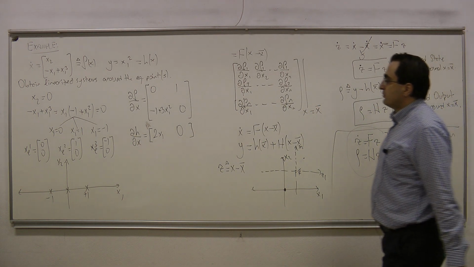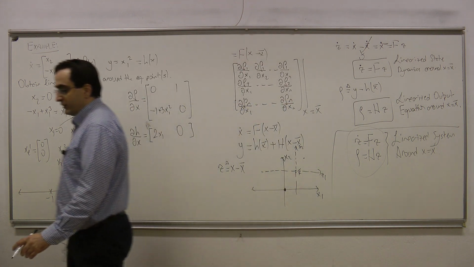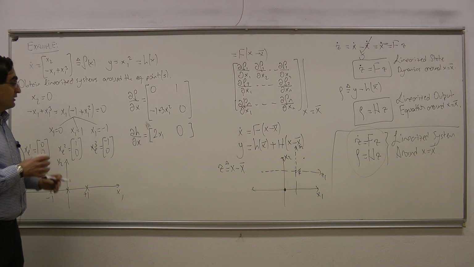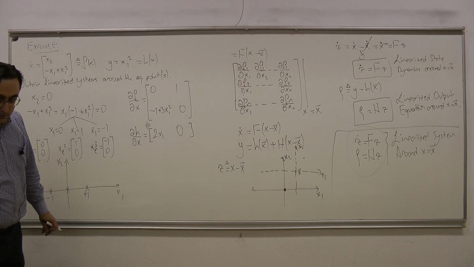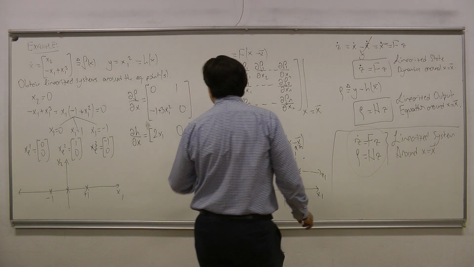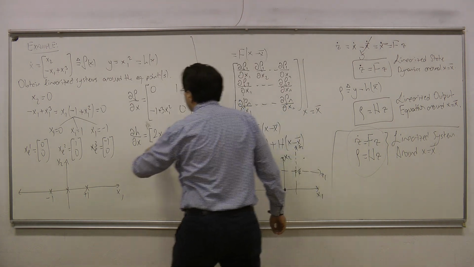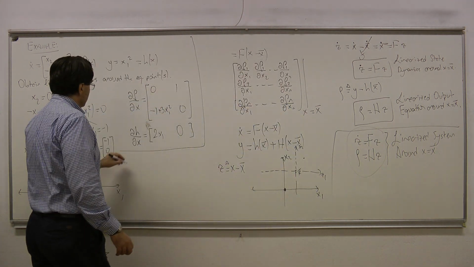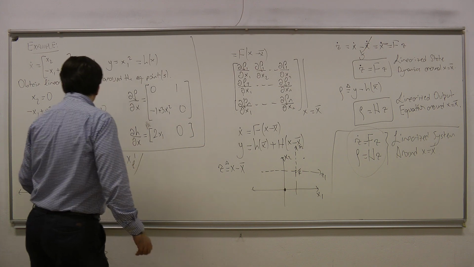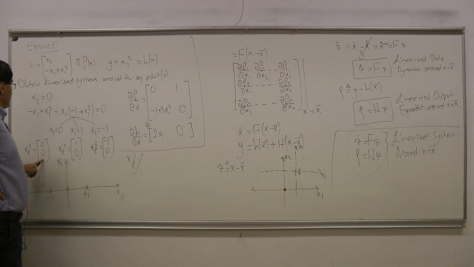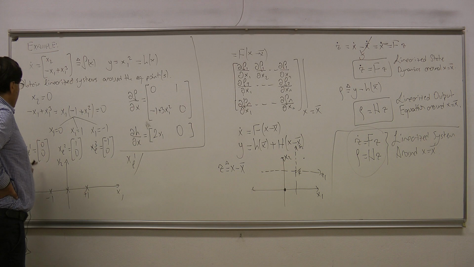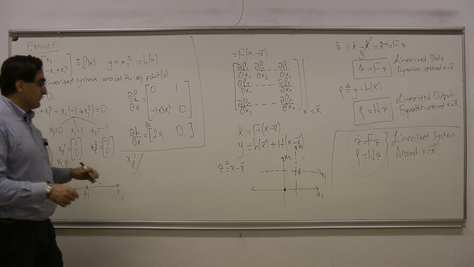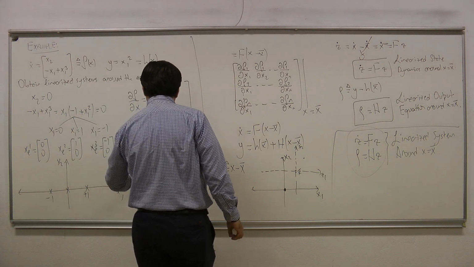So now we are ready actually to calculate the linearized systems. This is really not difficult. So let us look at the case of xe1. If we want the linearized system around the origin, then I need to evaluate these Jacobians at the origin, and that is going to give me the F matrix.